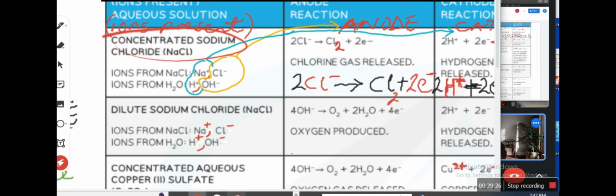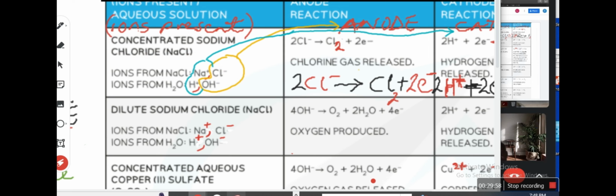Concentrated means there's more of it than water. When you have concentrated drinks, it has so much of the content than water. If it is diluted, it has so much water. So concentrated sodium chloride means it has a lot of chlorine compared to hydroxide, isn't it?